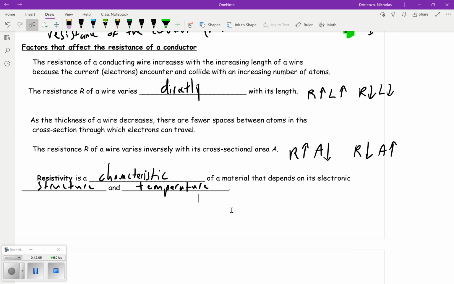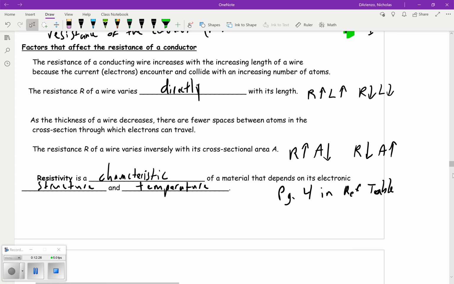Now, there are resistivity values given to you on page 4 of your reference table. So make sure you know where those values are located so you can use those.